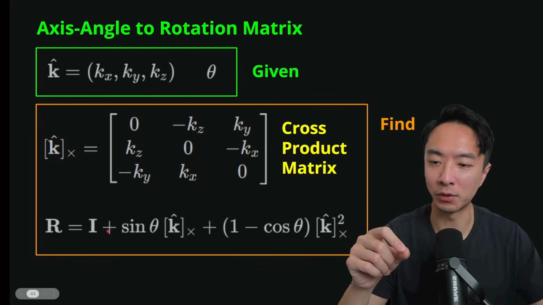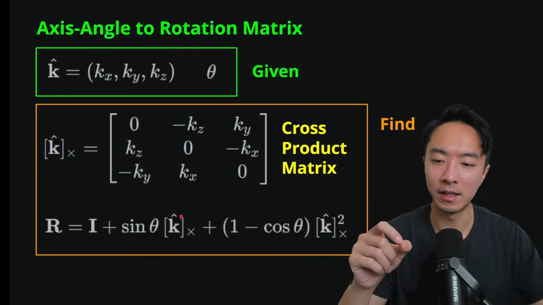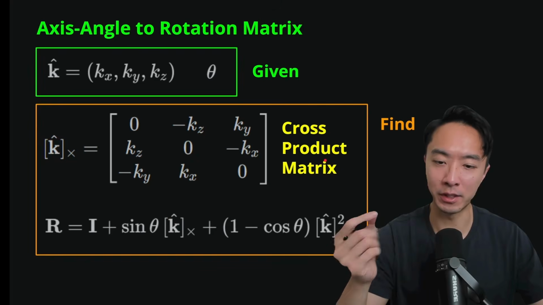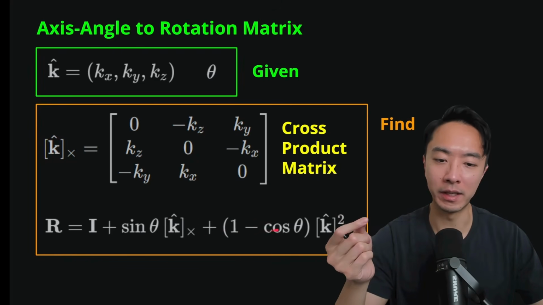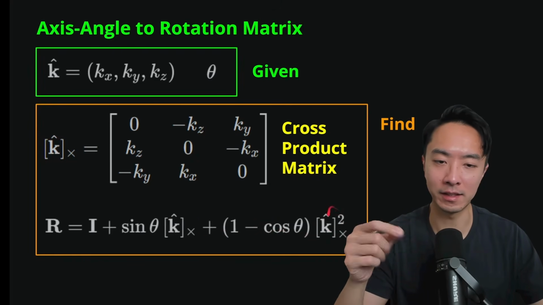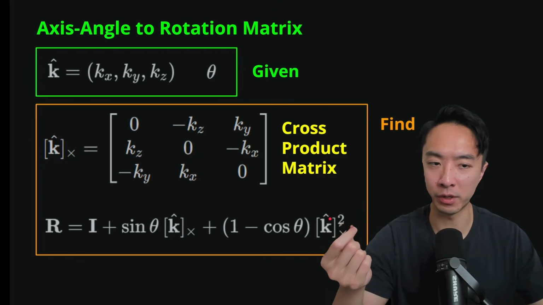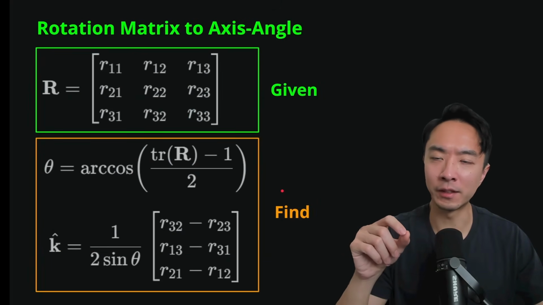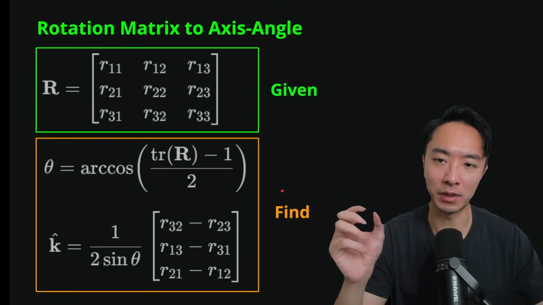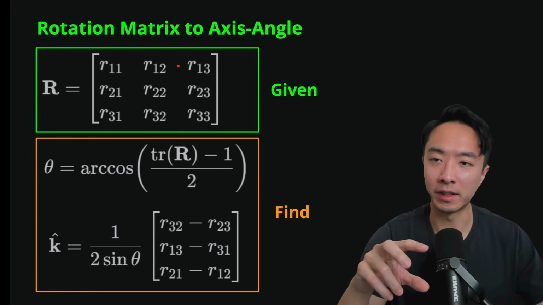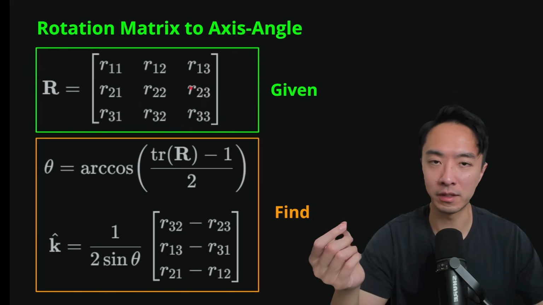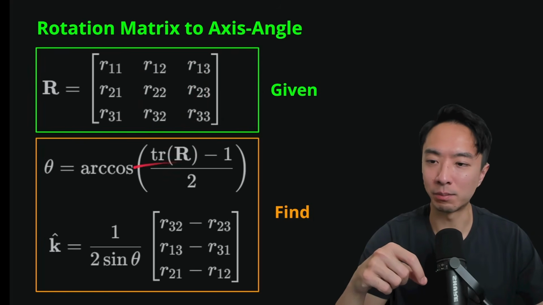So you have R equals I plus sine theta times the k hat, the cross product matrix form, plus 1 minus cosine theta times that same cross product matrix form squared. This will give you your rotation matrix. And if you want to go from rotation matrix to axis angle, you'll typically have a rotation matrix in this form, some numerical values, and all you have to do is plug it in here.